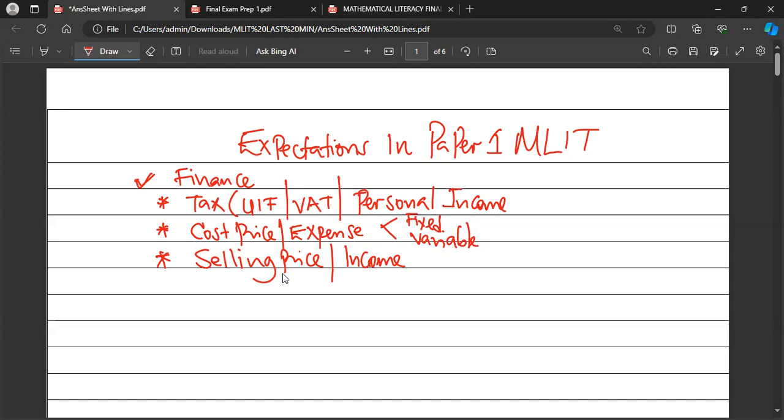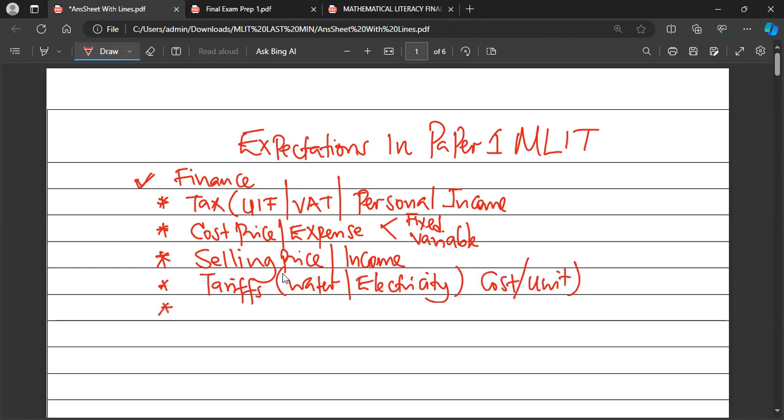Expectations in paper one, mathematical literacy. We come to paper one, so we're looking at finance. Then there are the tariffs. You've already seen them. We have the water tariffs and the electricity tariffs. What is a tariff? A cost per unit. We expect to see that.